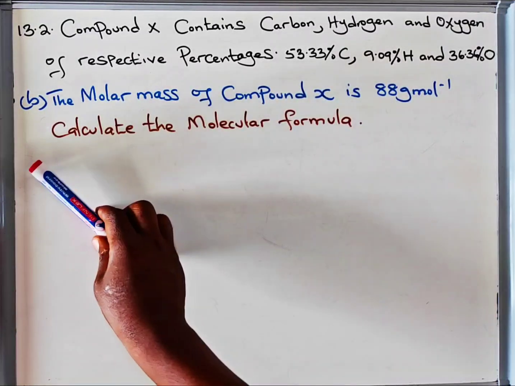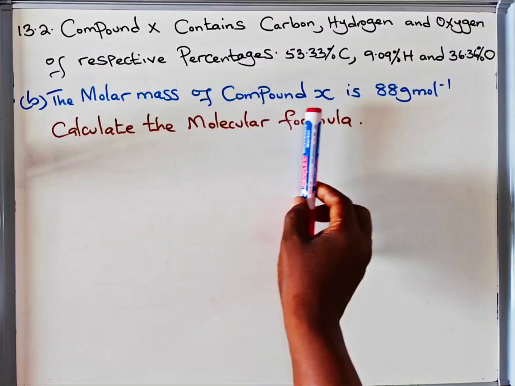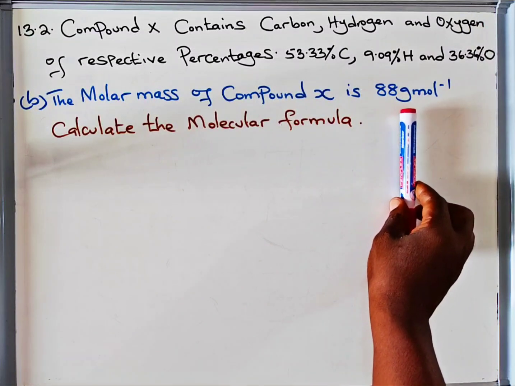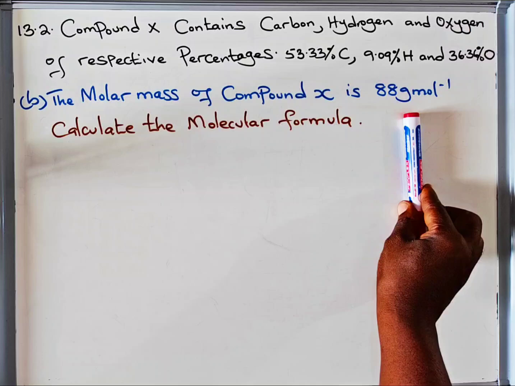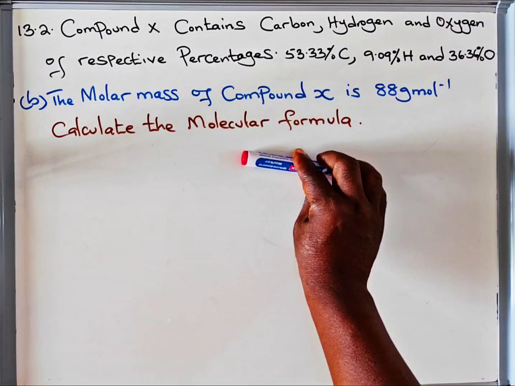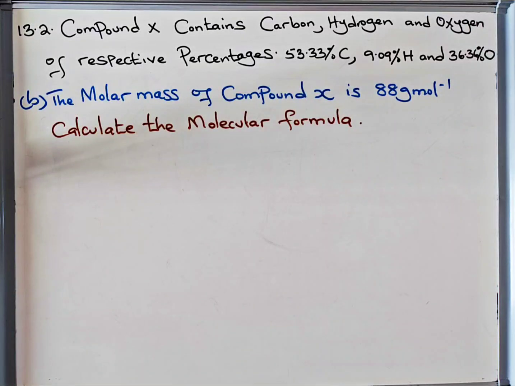Then we come to this question. It says that the molar mass of compound X is 88 grams per mole. And the question says, calculate the molecular formula. How do you go about this?